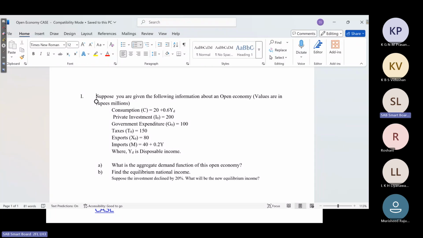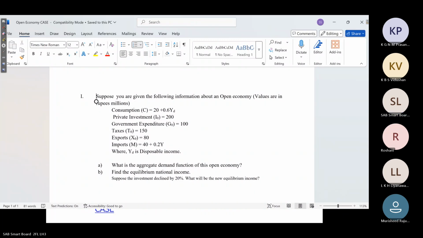Open it, right? So 0.4y, right? Then you need to find out the equilibrium income. So y equals how much? Y minus 0.4y equals 270. 0.6y equals 270.